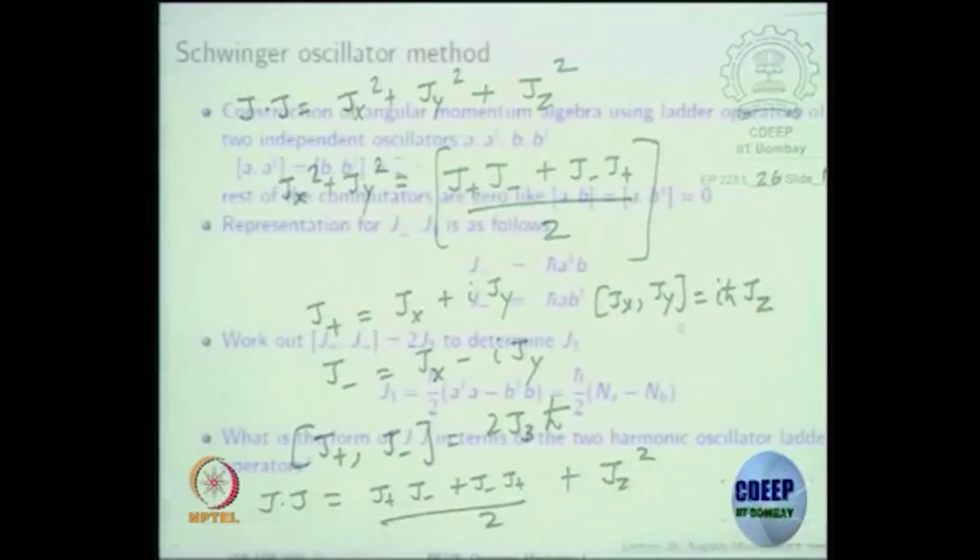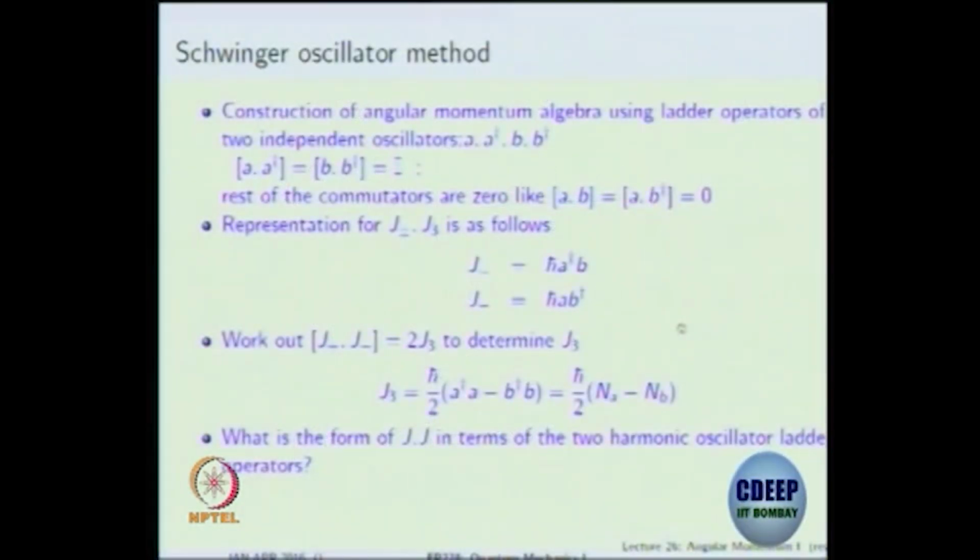J plus is given to you in terms of these harmonic oscillator ladder operators, two commuting, independent harmonic oscillators, and J3 you have derived, but if you have not done it, please go back and check this. And using this, find what is J dot J. Please work it out.